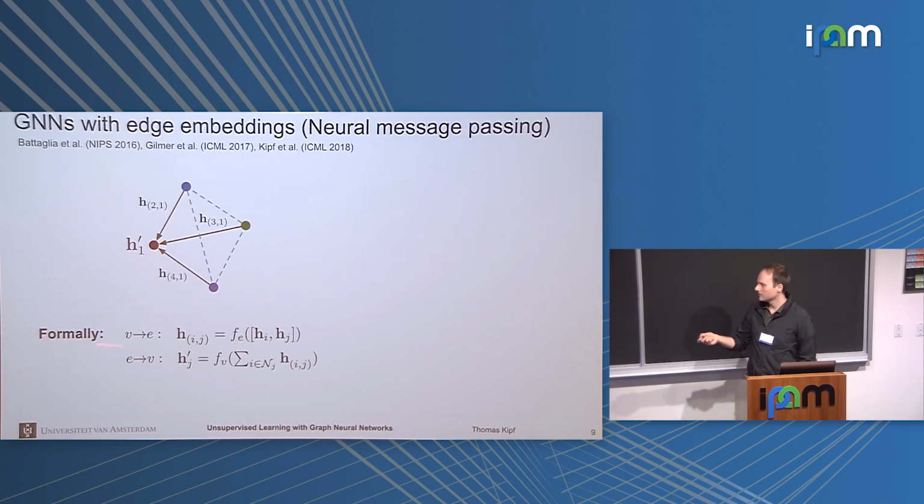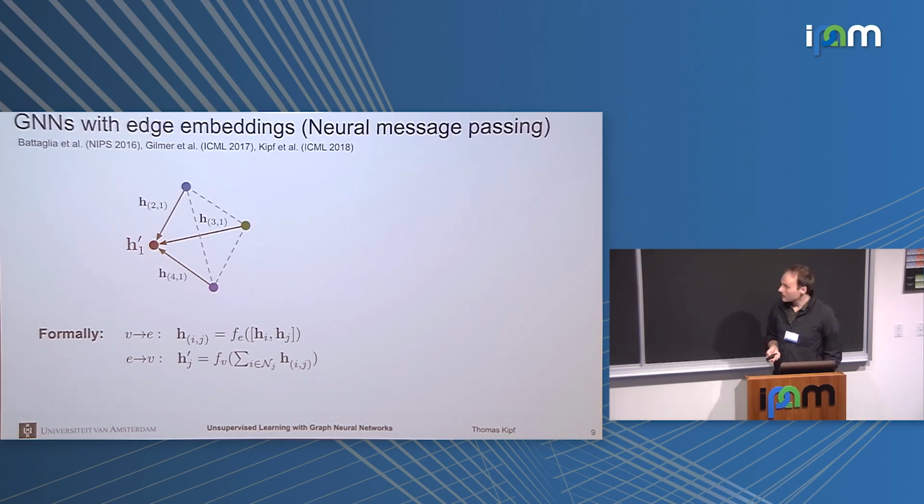Then you get high-dimensional representations for the edges. So you have a node-to-edge space update, and then once you're in edge space and have these edge features, you can move back into node space by summing over all the incoming edge features for a particular node and passing them through another MLP.